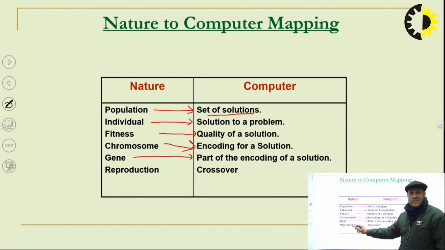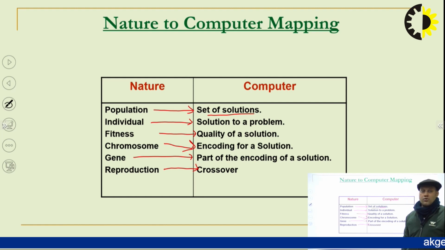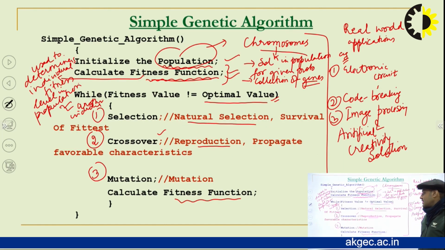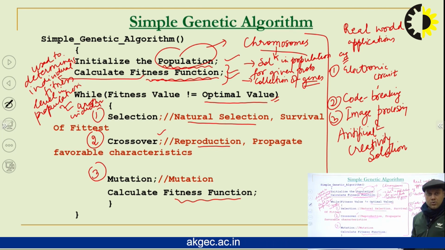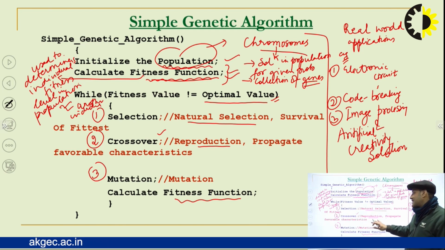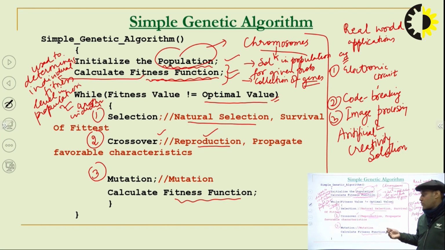In biology, in nature, we use the term reproduction, but in computer, we use the term crossover. Okay. So I think this is clear now. Selection: natural selection, survival of the fittest. So whosoever survives is selected. Which is selected will then reproduce and propagate according to the favorable characteristics, that is called crossover, and mutation will be done.